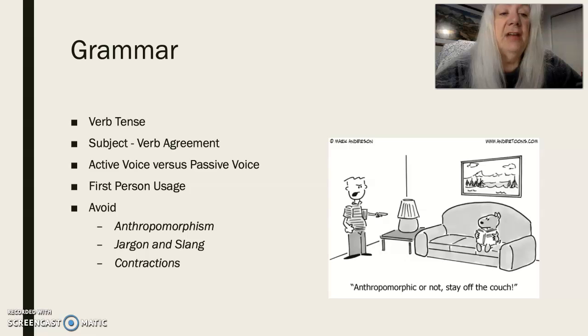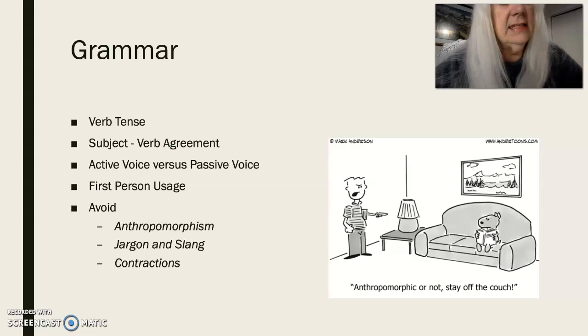Remember, as a general rule, inanimate objects do not perform actions. Therefore, a study does not suggest. Experiments do not demonstrate. Data does not indicate. And research does not find. You need to think of another way to say each of these.